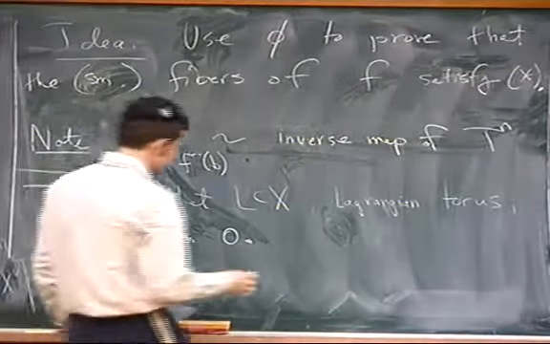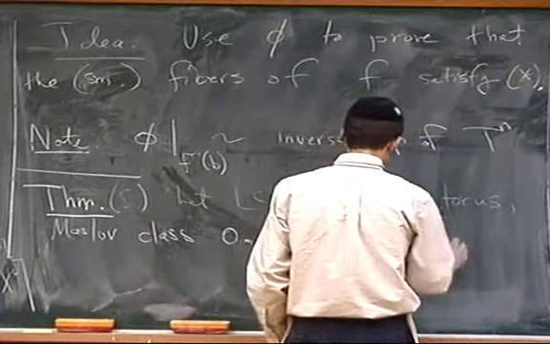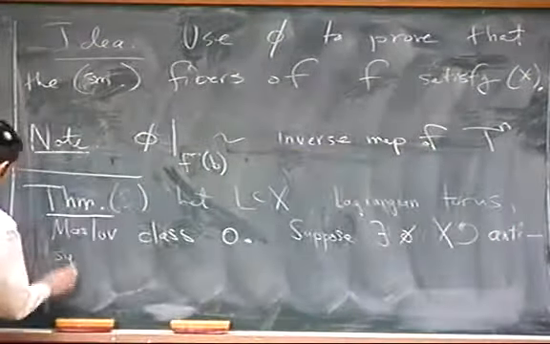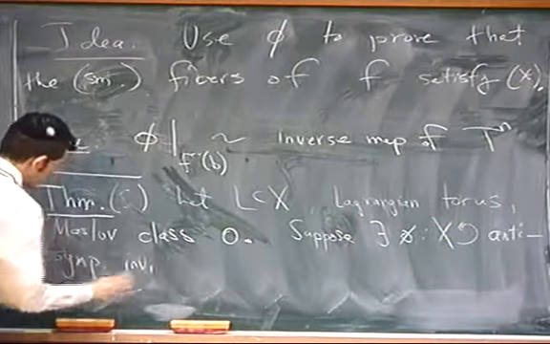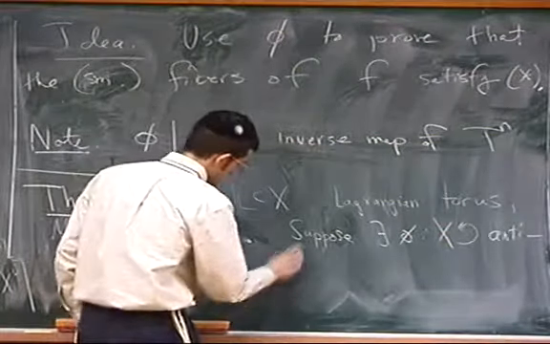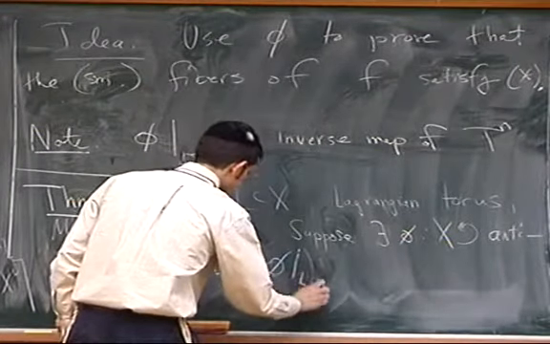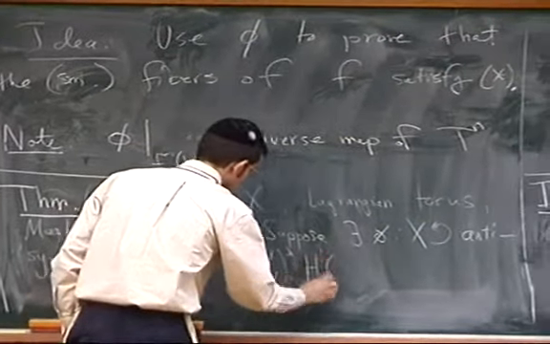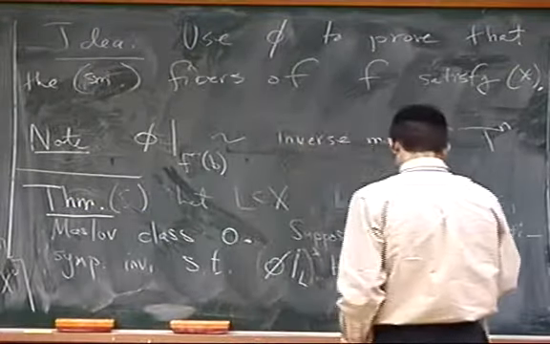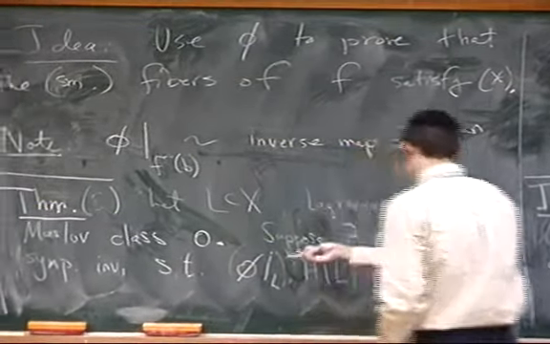And let's suppose that there exists an antisymplectic involution phi of X such that phi restricted to L, acting on the cohomology of L, is the same as the inverse map.